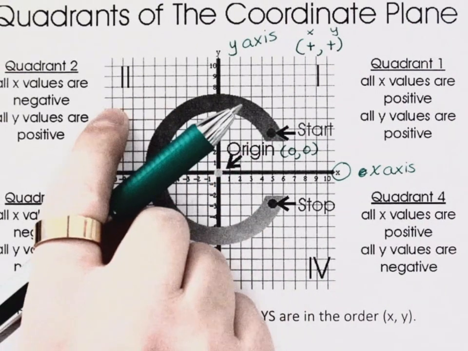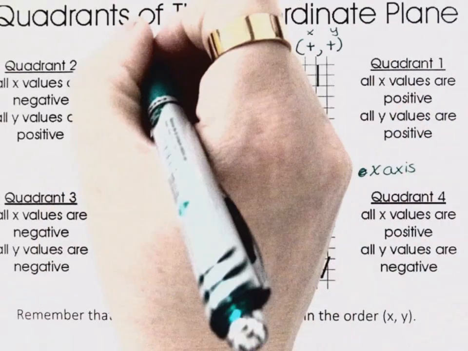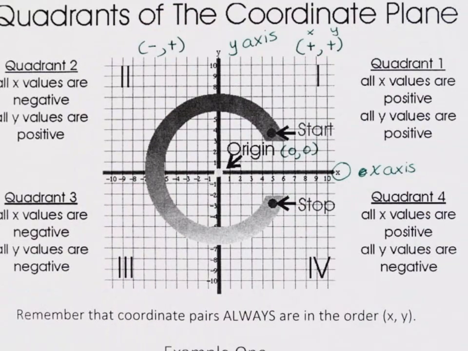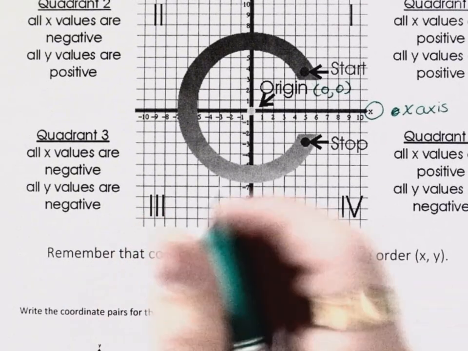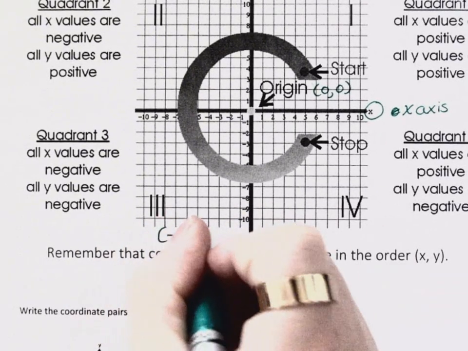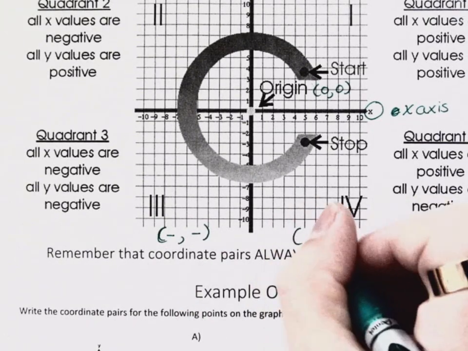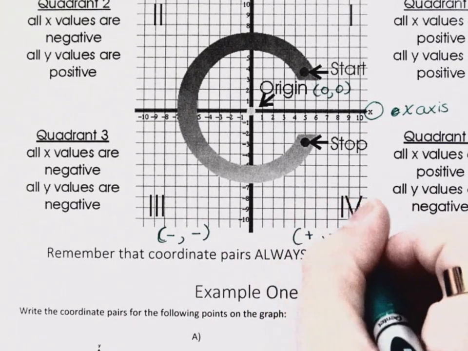Now in quadrant 2, when we move over to here, all of our x values will be negative, but our y values will still be positive. In quadrant 3, both x and y are negative. And then in quadrant 4, x is positive, y is negative.